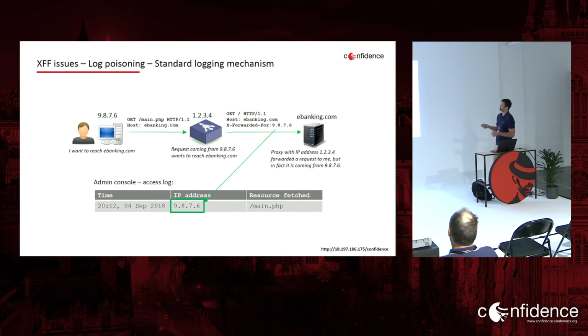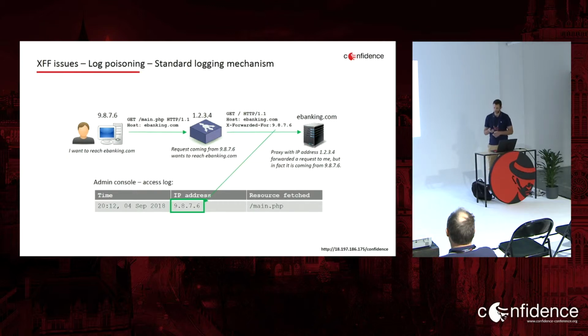So this device puts the X-Forwarded-For header with the IP address of this customer, and it sends that to ebanking.com, right? So now the ebanking.com server knows that there is this device in between. So it will take the IP address from this header and put that directly into the access log on the server. So basically, it should work just fine, but there are many issues with that.